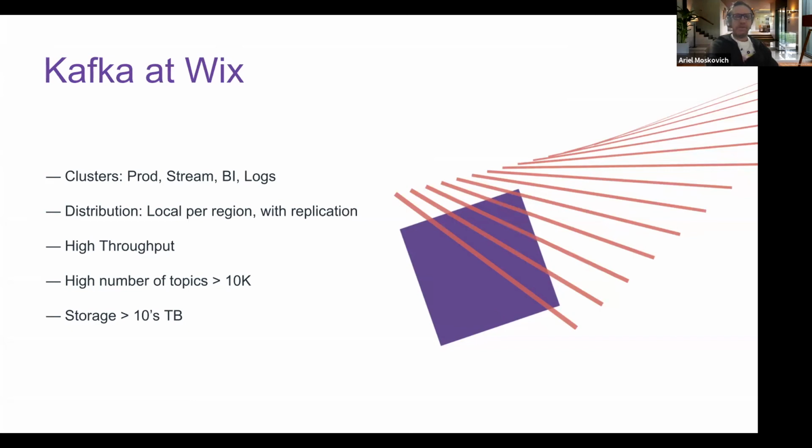We also enable replicating the data between regions by a tool that was created by our server guild. But basically, we are producing and consuming to those clusters locally. And we're also using Kafka for streaming with Debezium to ingest our website events into our BI system, and also as a middleware for our logs.